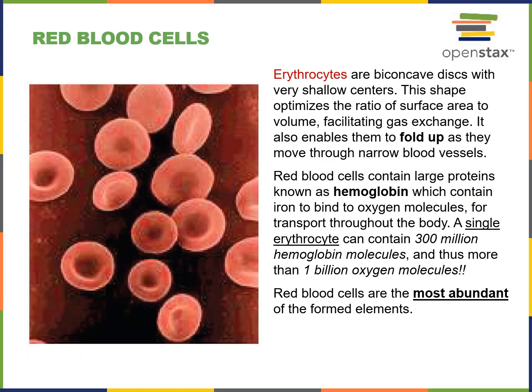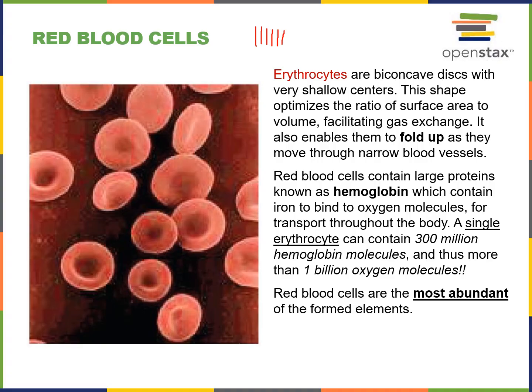A closer look at erythrocytes. So the shape of erythrocytes allows them to do two things. They can stack the way you would stack your plates in the dishwasher, right? Because if you stack them like this, then they would stack very neatly, especially if your plates are all the same size.